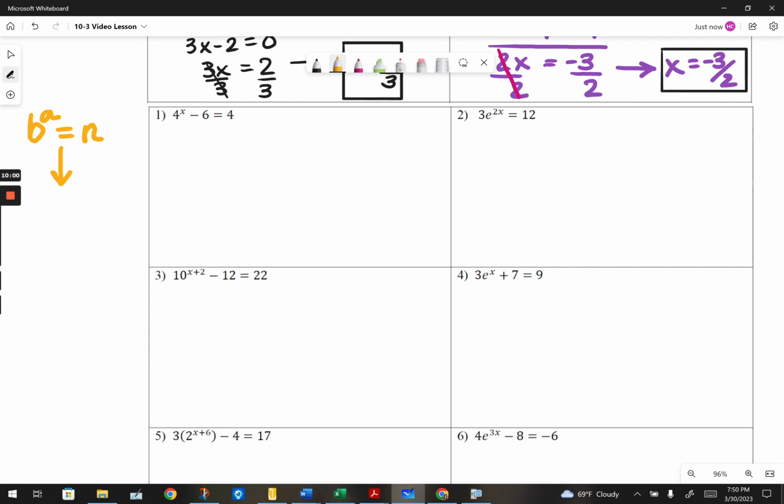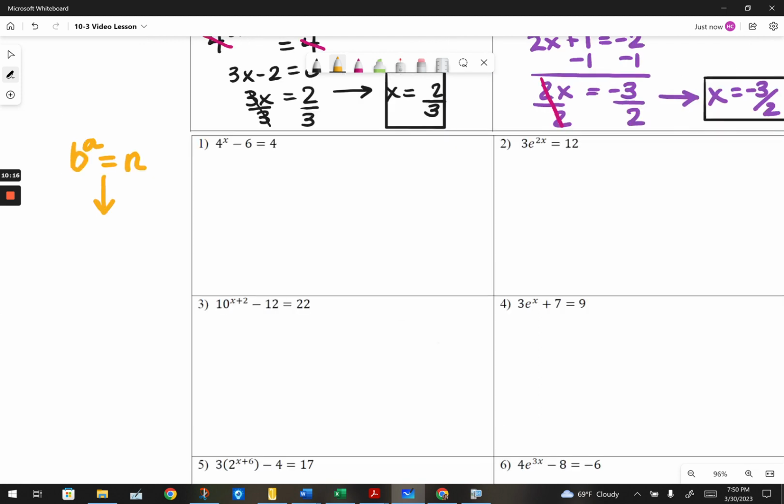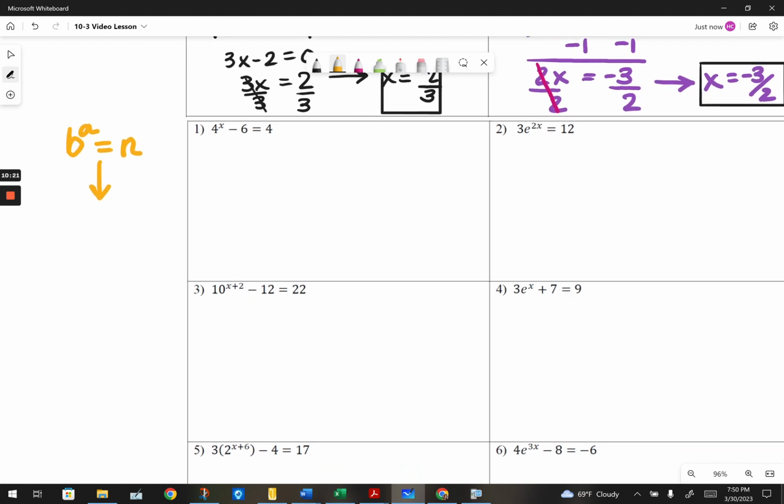And when you rewrite it, we're going to do log of the base of the number will always equal your exponent. Okay? So you can rewrite back and forth, but if it's an exponential, rewrite it as a log when necessary.